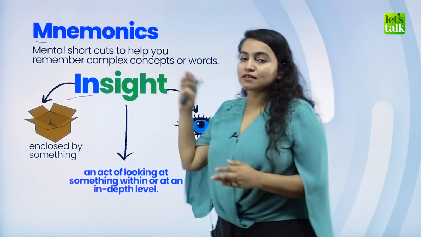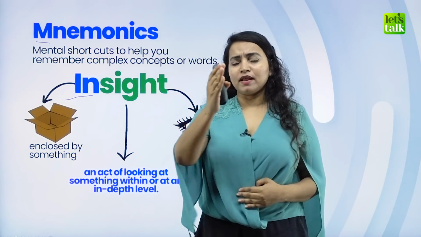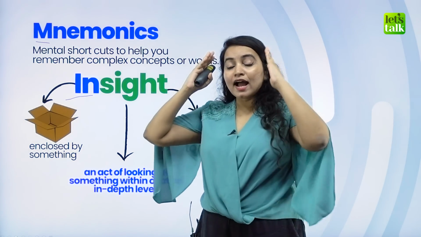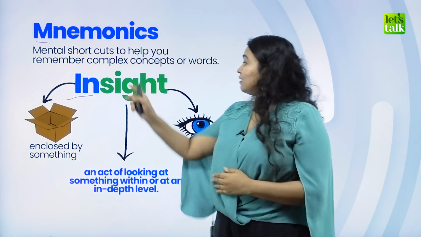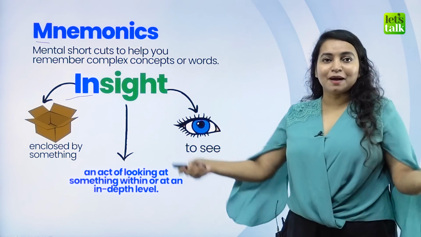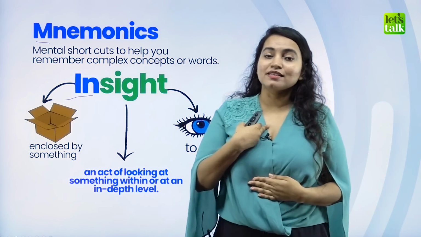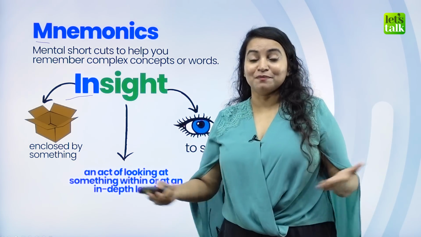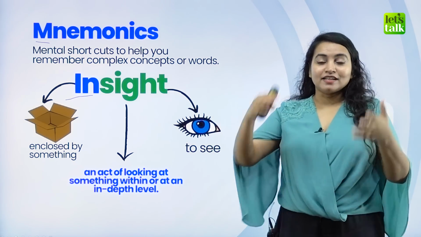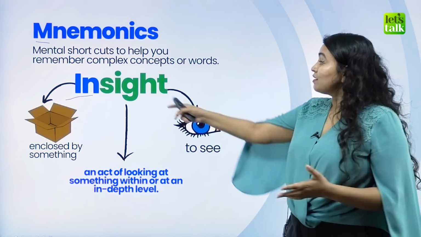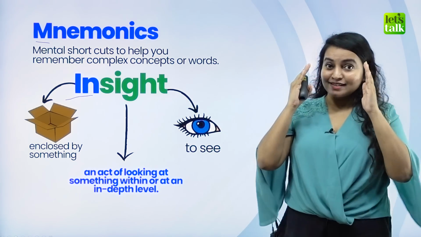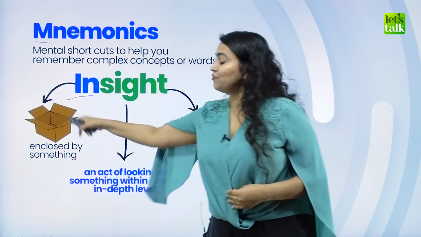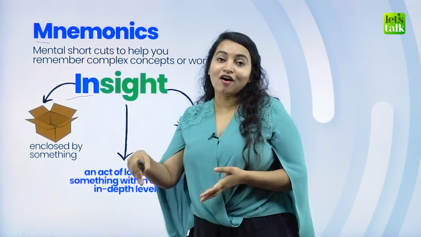So when you want to see something at a very deep level, understand something in an in-depth way, that is called insight. So for example, I would say, I have insight about the topic of phonology because I understand that at a very deep level, right? So insight is to understand something, to see something at a very deep level on the inside.